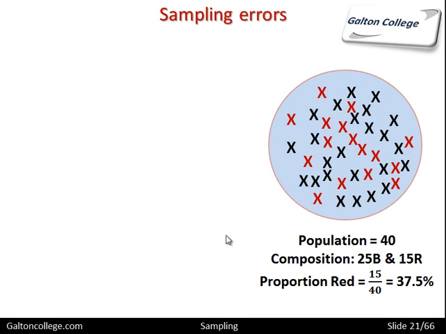So the proportion of red is 15 over 40. There's 40 X's, and 15 out of 40 is 37.5%. So 37.5% of these are red. Now let's say we want to determine that with a sample.